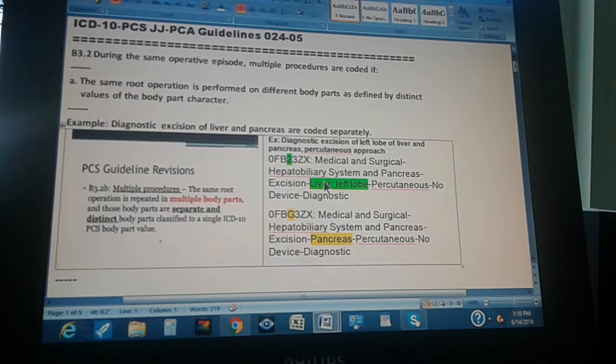The 4th body part is liver. And now the second code is the pancreas because the 4th body part is the pancreas. So they are different body parts, so you need 2 codes. That's our theory for now, and now we're gonna do a problem. All right, ready, set, go.